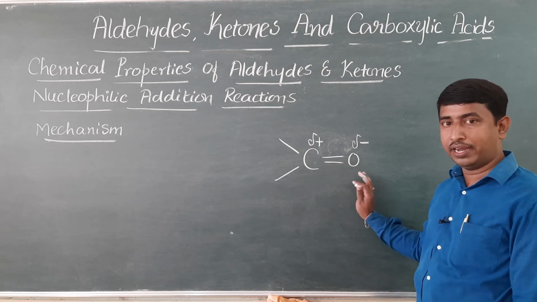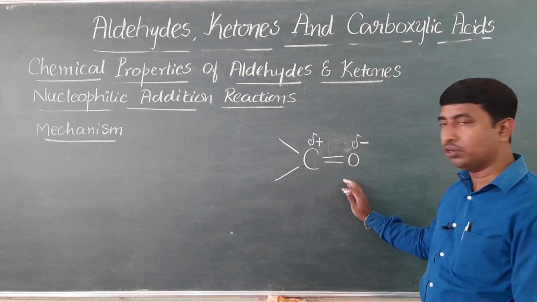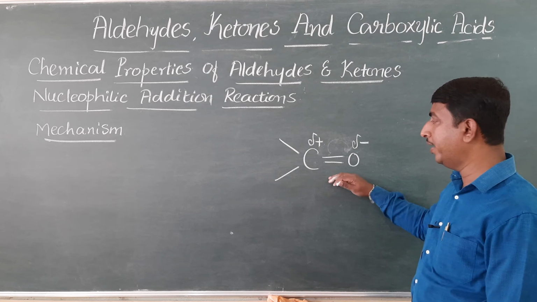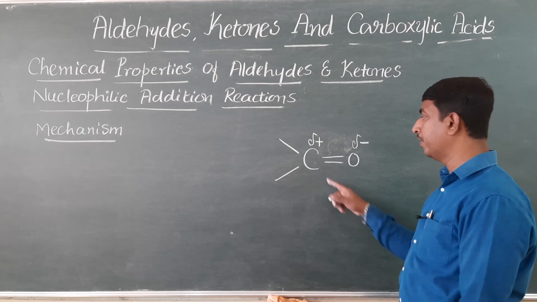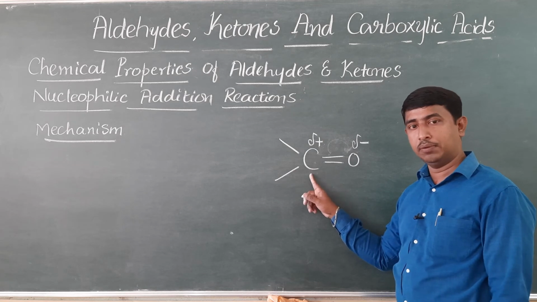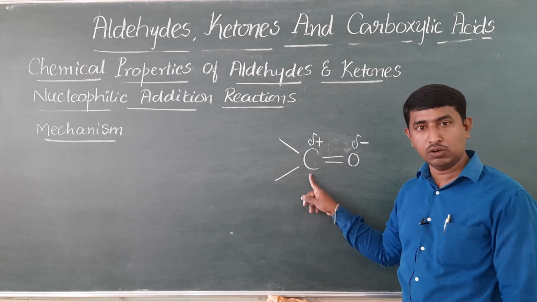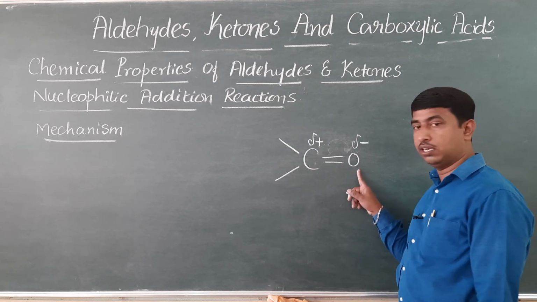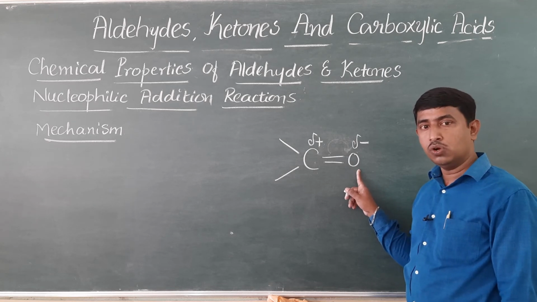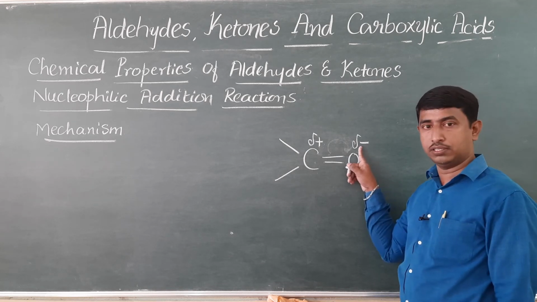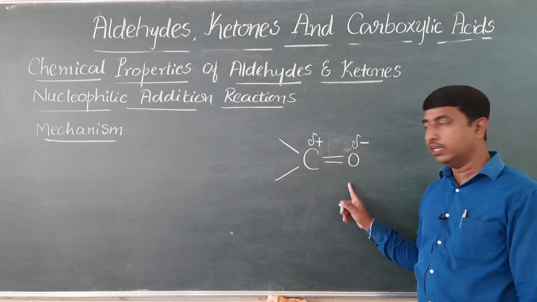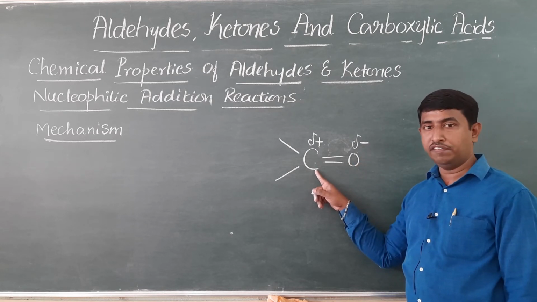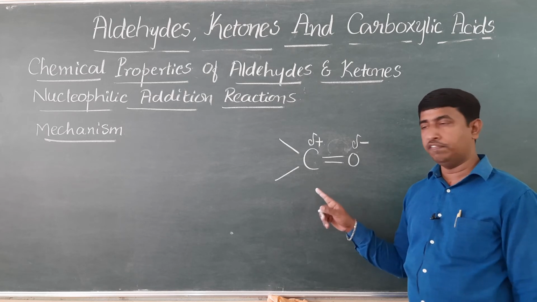So there is a polarity in a carbonyl group because of the difference in electronegativity. This carbonyl carbon can be named electrophilic, whereas oxygen can be named nucleophilic because it is electron rich. Carbon is electron deficient, so it is electrophilic.